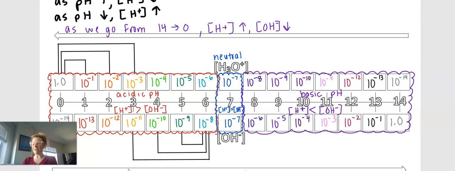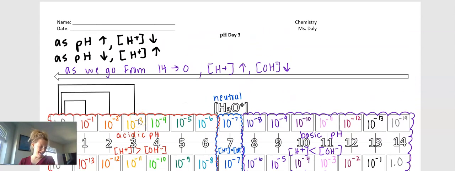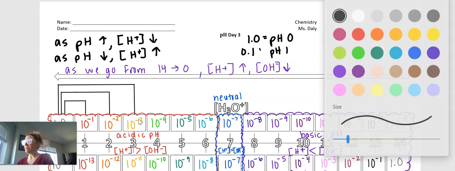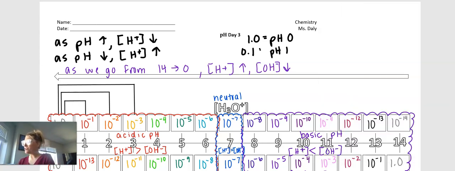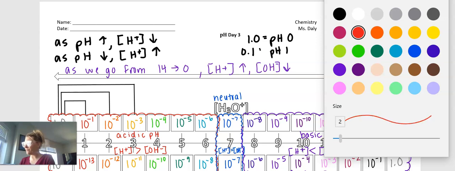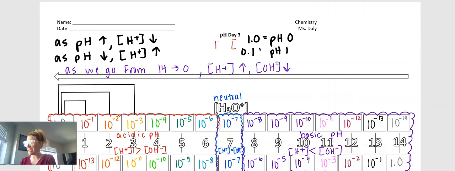So if we're comparing a pH of 0, a concentration of 1.0, versus a pH of 1, which is 0.1, how many times different is this value? Well, this value is going to be just 10 times different, right? If we're thinking in these powers of 10.